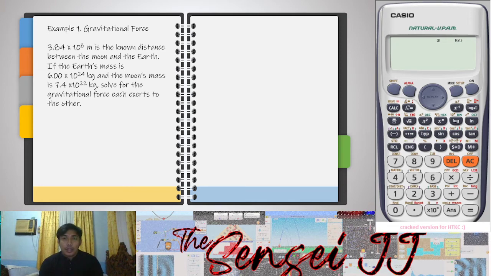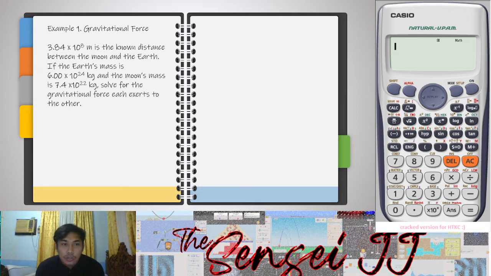But we have kilo, mega, and giga, and 9 is our giga, so it's just a little shy of a giga. This means that this is tens of thousands of kilometers. So this is far, between the moon and the Earth.